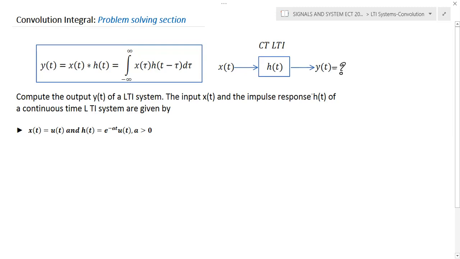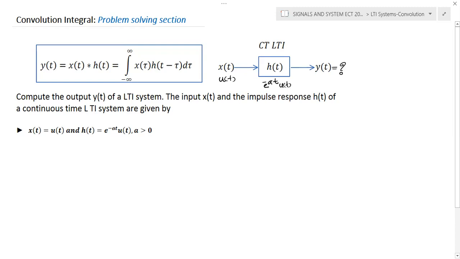So what will be y of t for the given input x of t? In this particular question, x of t is given by u of t. So we need to find the output for this particular input u of t, and the impulse response of the system h of t is given by e raised to minus a t into u of t.